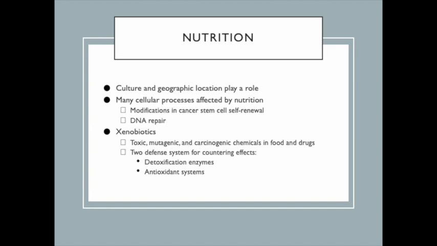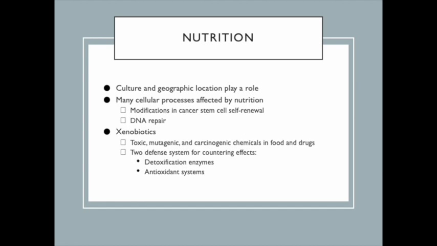But humans are constantly exposed to a variety of compounds that are considered toxic or mutagenic. These toxic compounds are sometimes called xenobiotics, and they also include carcinogenic chemicals. Now, many of these chemicals are found in our own human diet, surprisingly.